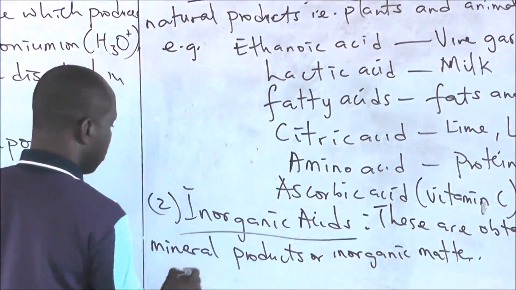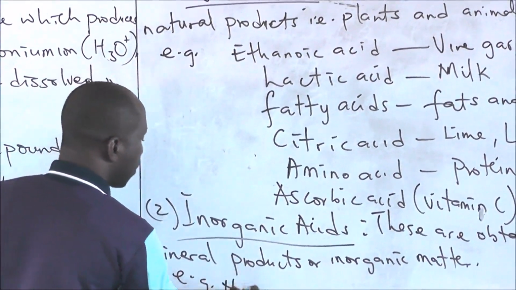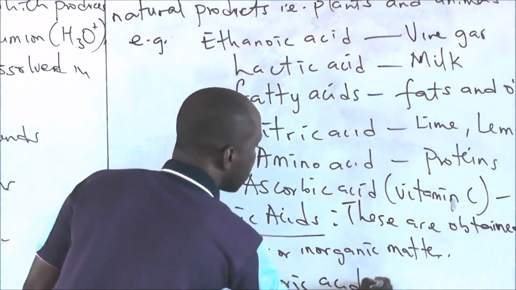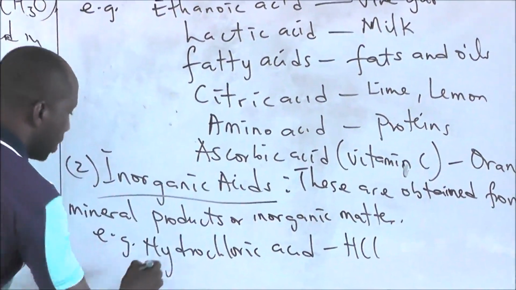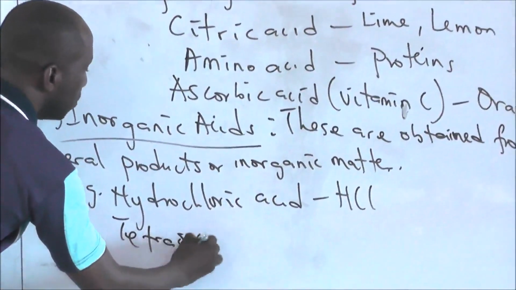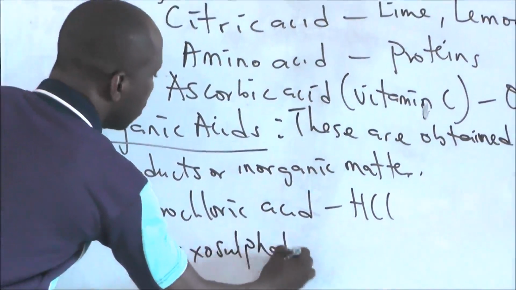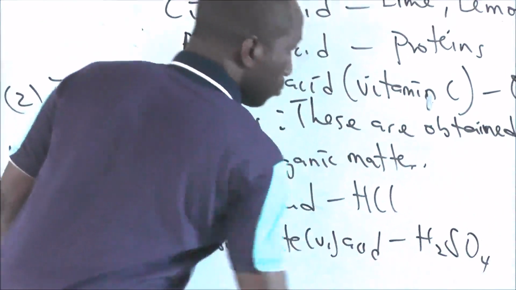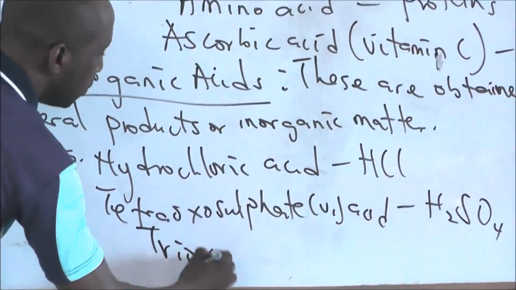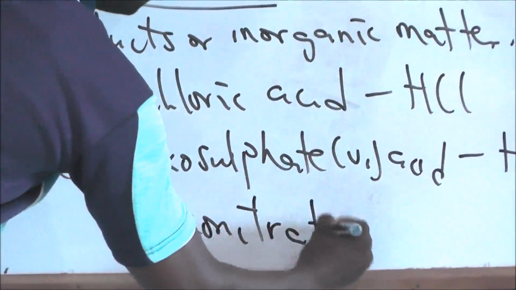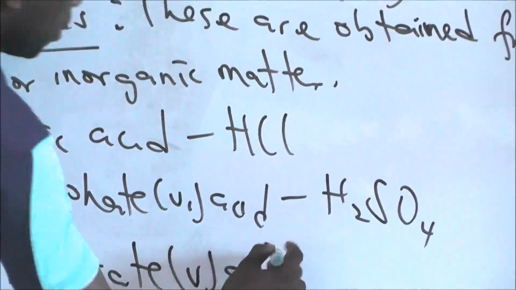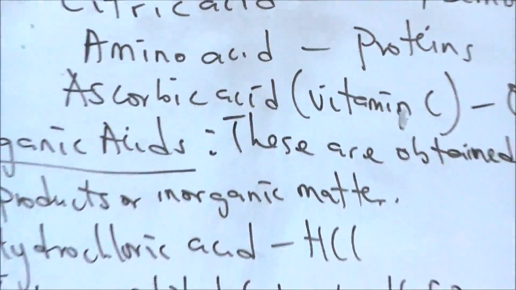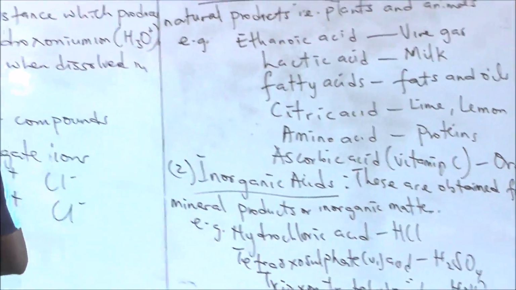For example, you have hydrochloric acid, that is HCl. We have tetraoxosulfate(VI) acid, that is your H2SO4. We have trioxonitrate(V) acid, that is HNO3. So these are inorganic acids.